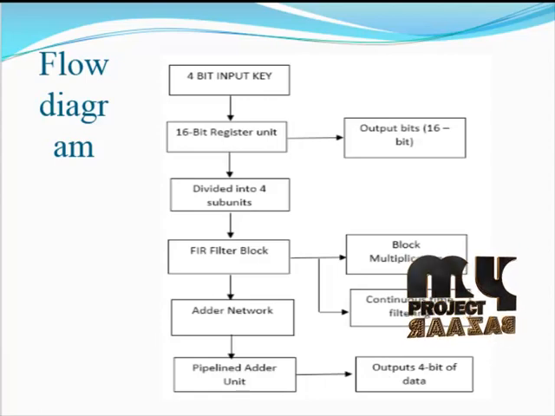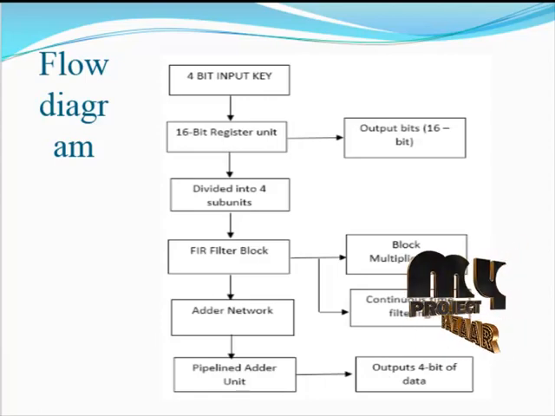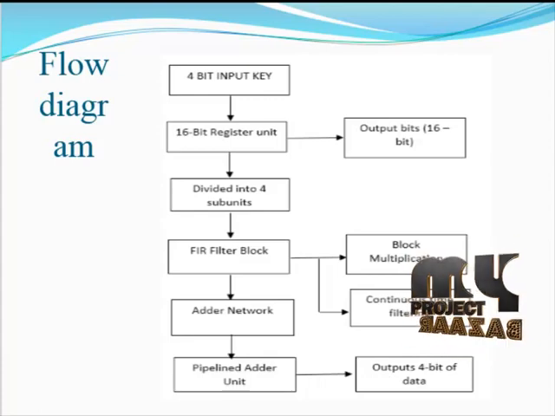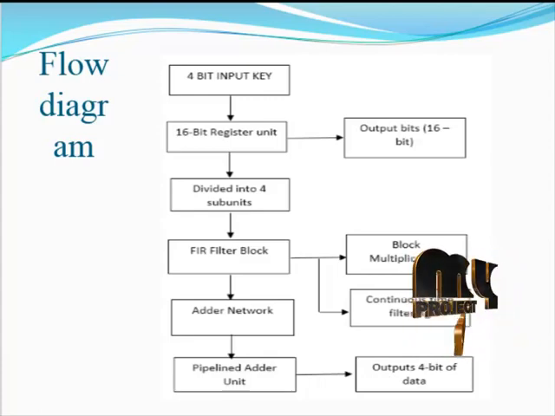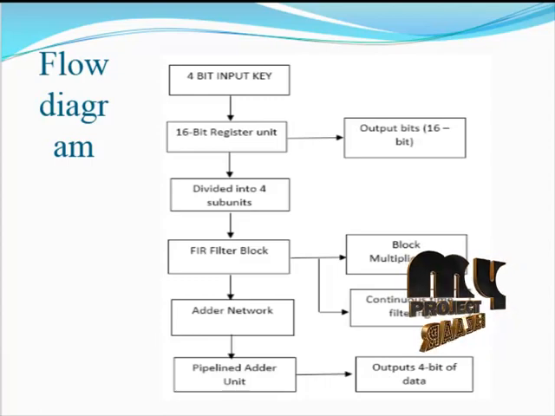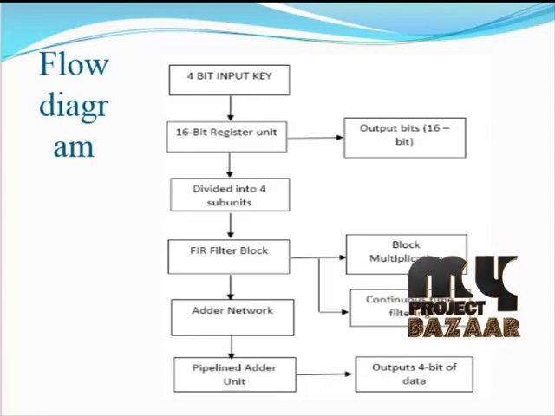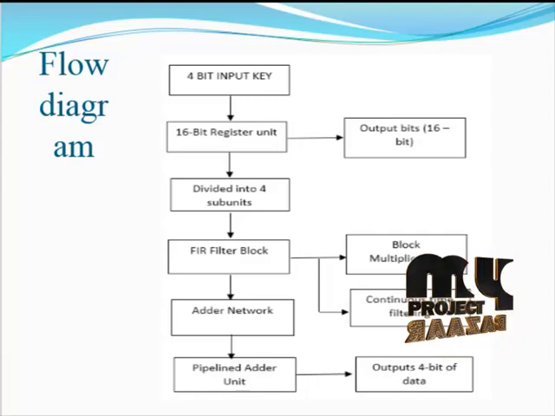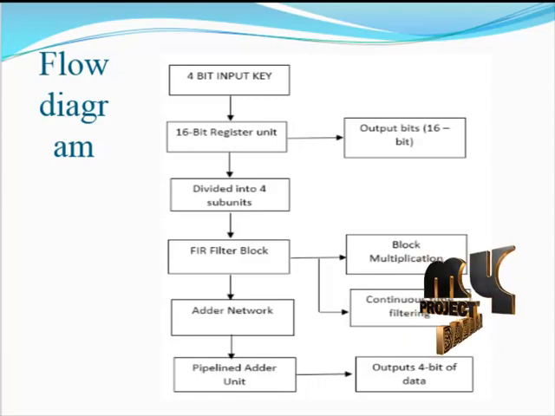The third bit of the 16-bit data is multiplied in multiplier 3. The fourth bit of the 16-bit data is multiplied in multiplier 4. The outputs of the 4 multiplier blocks are given as input to the full adder. The full adder outputs 16-bit data.